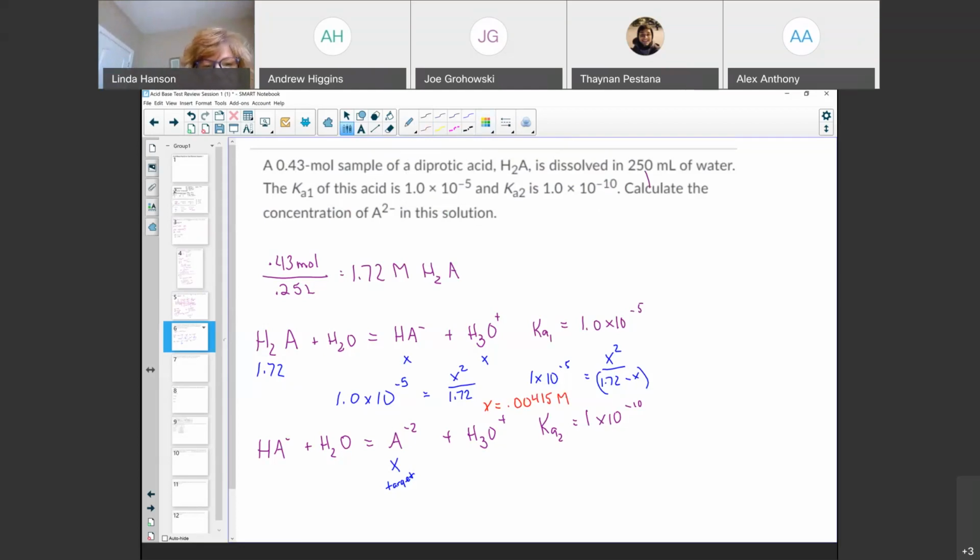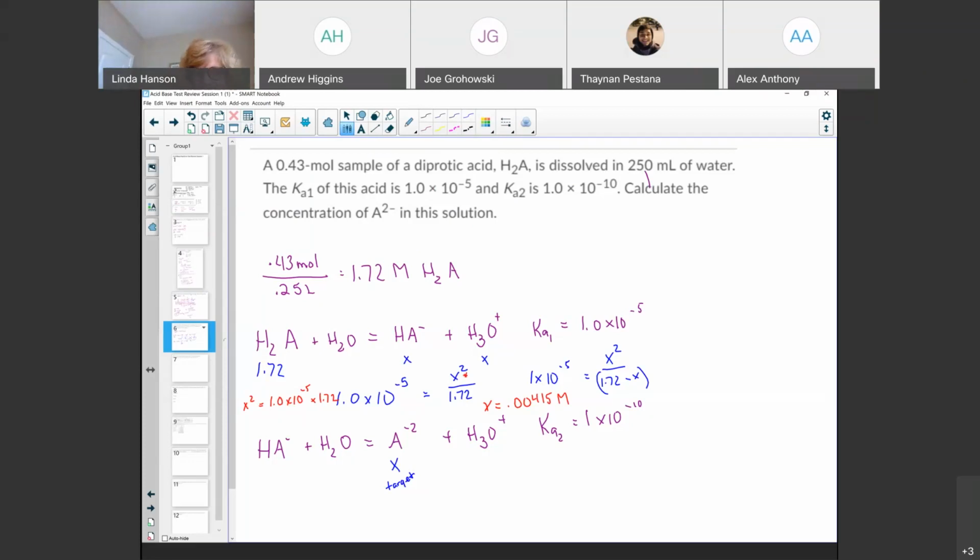Going through that, just to show what I did, I found X squared by multiplying 1.72 with the value of Ka1, and then I took the square root of that answer to pull out X. So that was me solving for X right here.